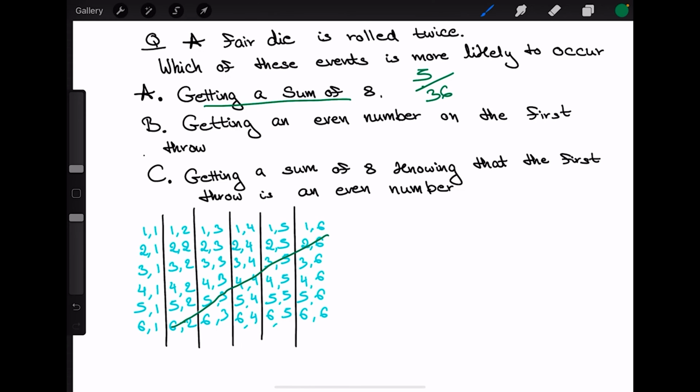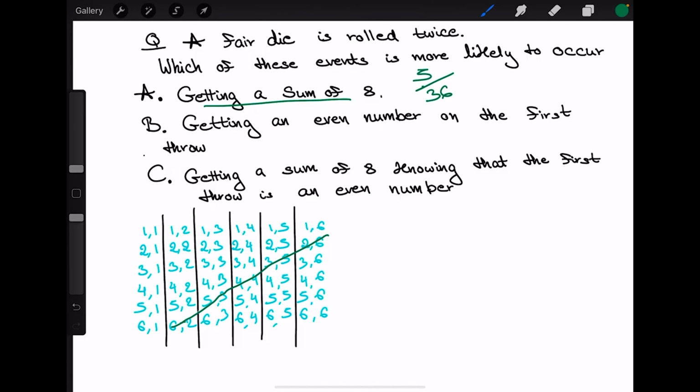Now let's look at question B, getting an even number on the first throw. This will jump back to what I explained in independent events. As already said, the probability of one occurring does not depend on the second, so you can just find the probability of getting an even number from just a single throw.